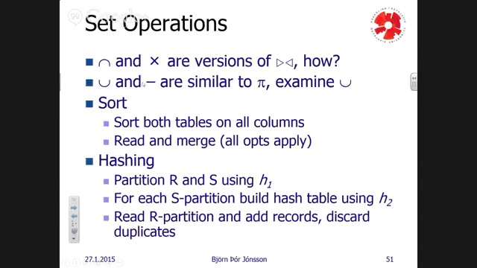The union and difference, they're very similar to projection. So, for example, if we look at the union, we can do this with sorting, by sorting the tables on both columns, and then we do kind of a merge. So the only thing we have to do in the merge is to remove duplicates. Can you try to visualize the merge?